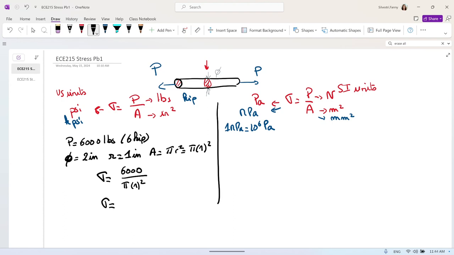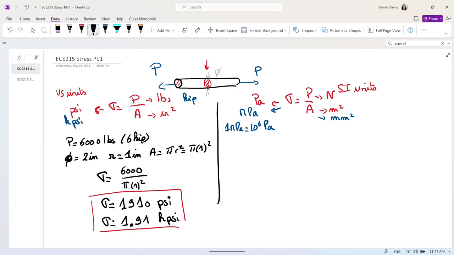So we have sigma equal to 1,910 psi, or 1.91 kilo psi. Both options are possible. Just make sure to look at which unit is asked for in the quiz. So those two are possible.